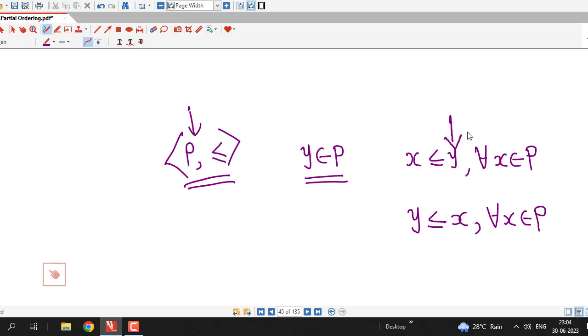If we are talking about the greatest element, y is greater than or equal to x, and if we are talking about the least element, y is less than or equal to x, where x is any element of a given partially ordered set.